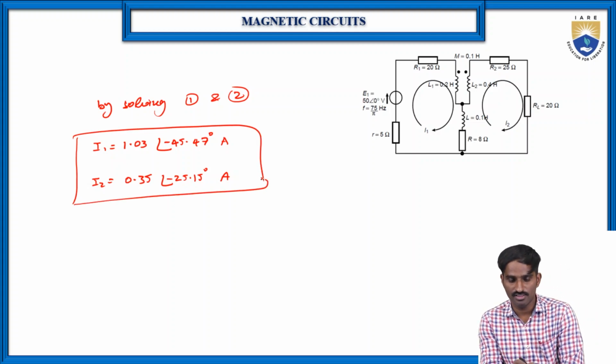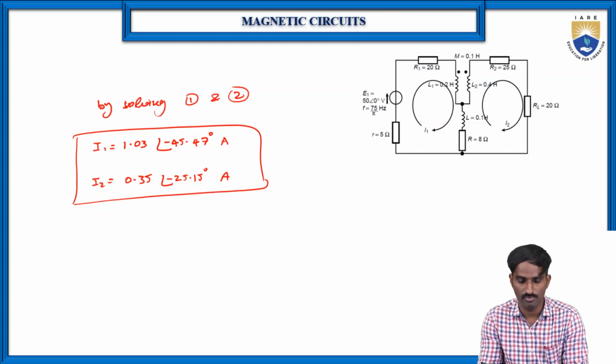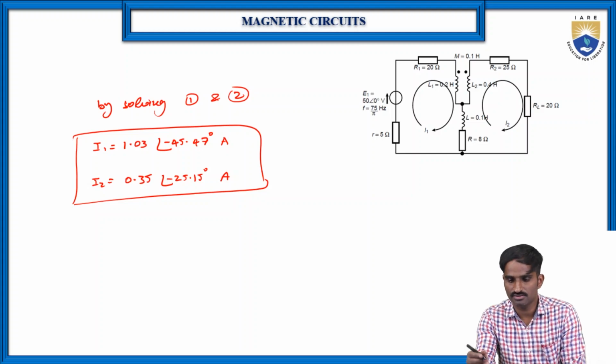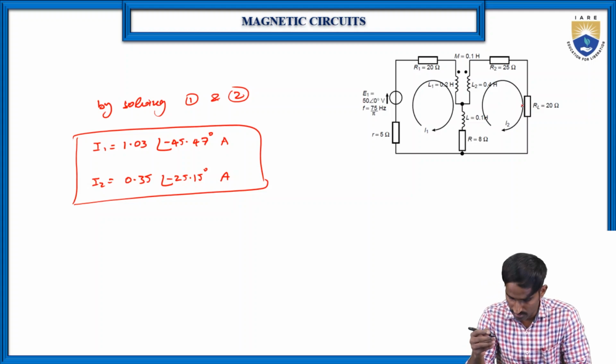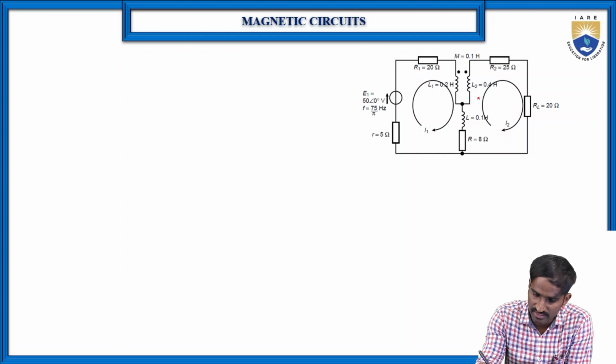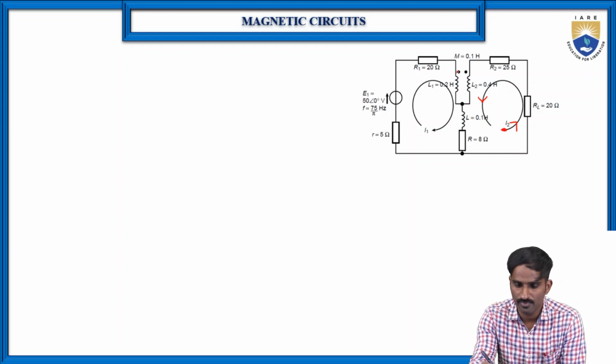This is the first case, which means the directions of the current are as given in the problem. But in the second case, what we have to do is change any one of the directions. So instead of this, let me take the direction like this. Which means in the primary winding, the current is entering through the dotted terminal.